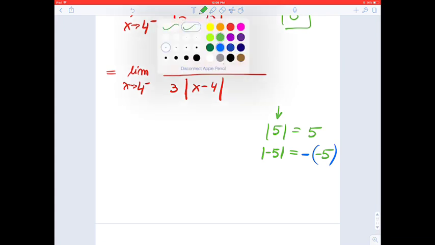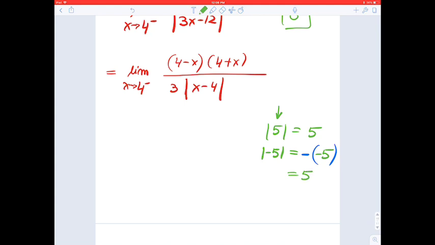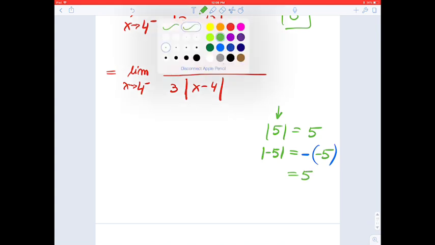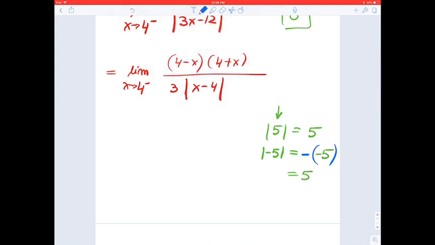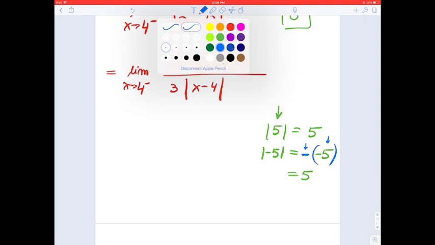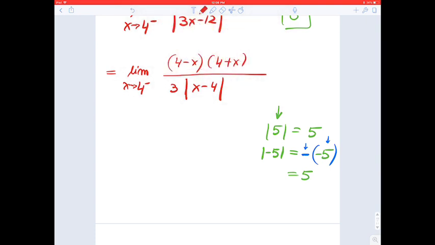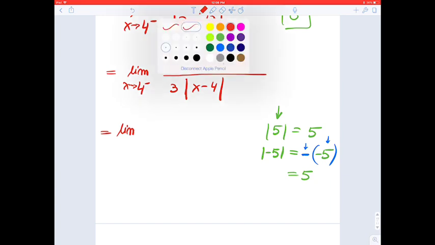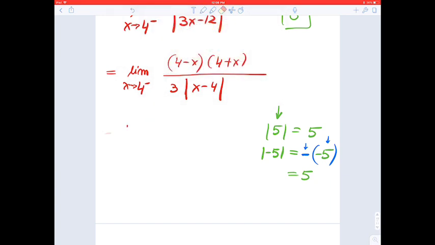Of course, we know the answer right away. The answer is 5, but the point is that if the quantity inside is negative, negative and negative will give me positive. That means let's investigate the absolute value.